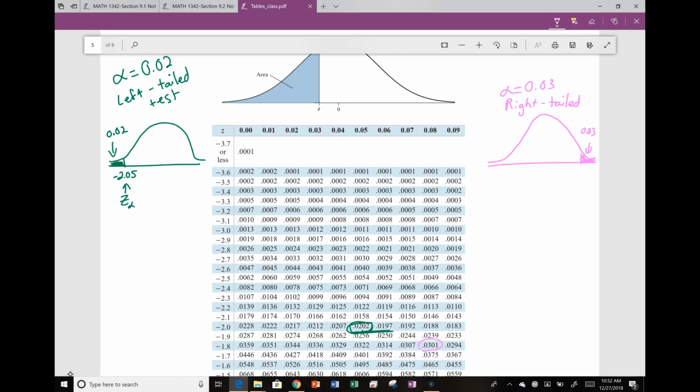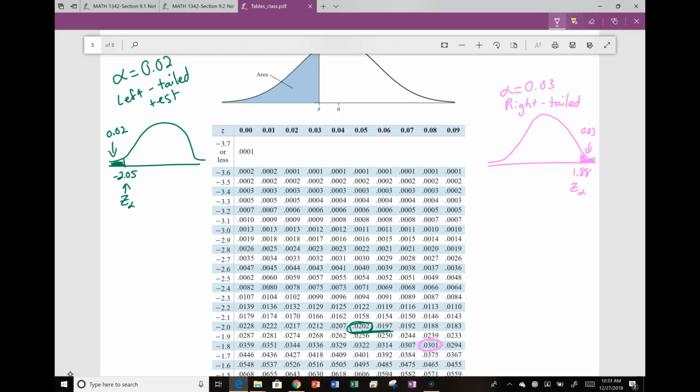Okay, so this is the one that it's closest to. This is showing a negative 1.88. Well, is this going to be negative over here? No. Remember that my curve is symmetric and I can flip it over. So this is actually going to be a positive 1.88 for my Z critical value. Okay. So we have to be a little bit careful when we're looking these up on the charts.